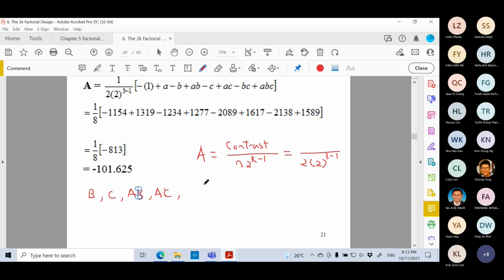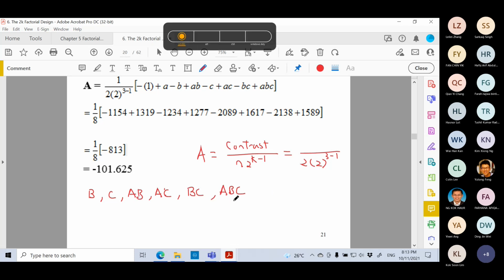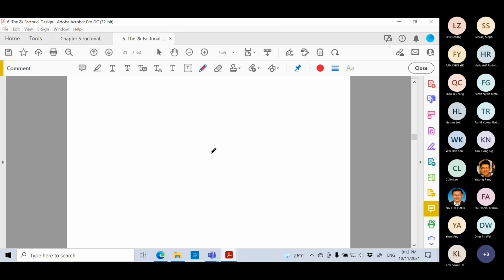After that you have BC, then ABC. You can calculate all these effects. I will leave them here; I do not want to calculate them one by one.